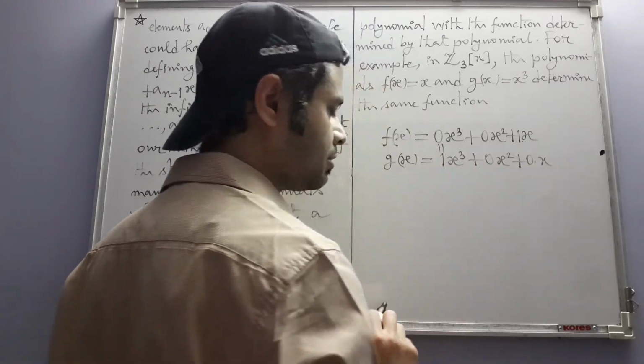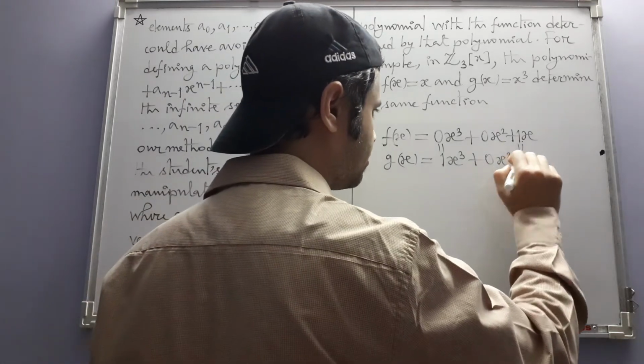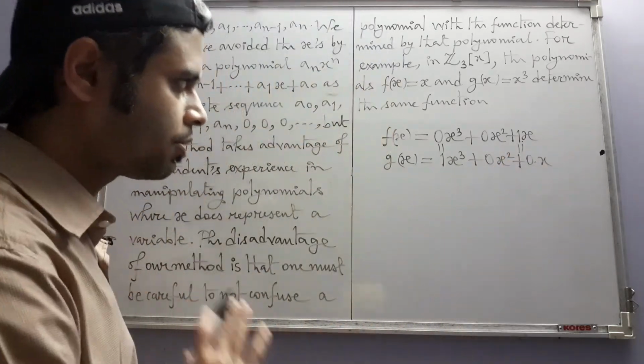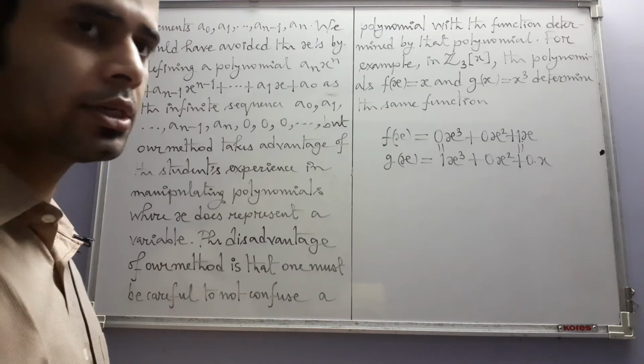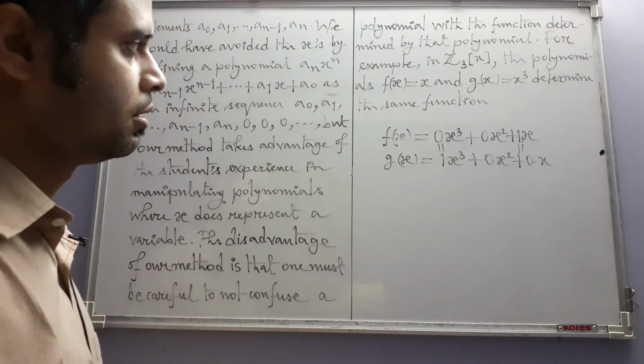Here we have different coefficients. So as polynomials, these two are not equal. They are not the same polynomial.